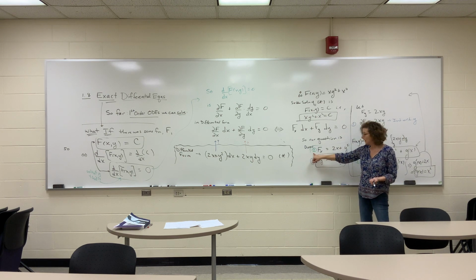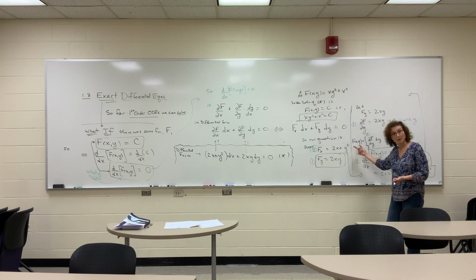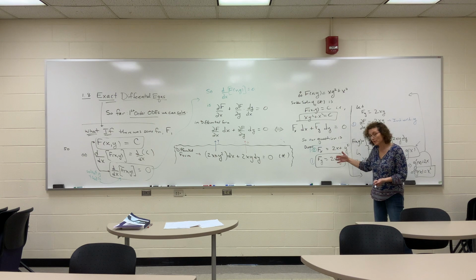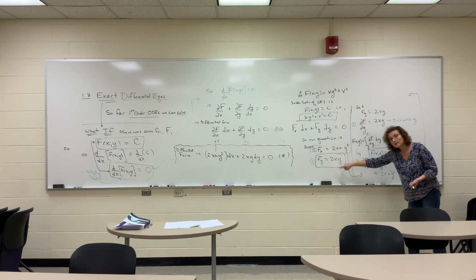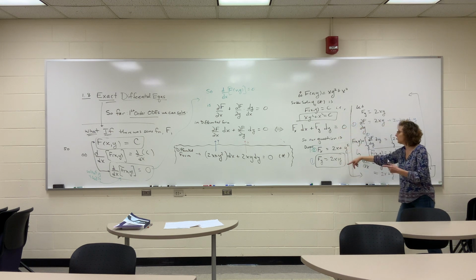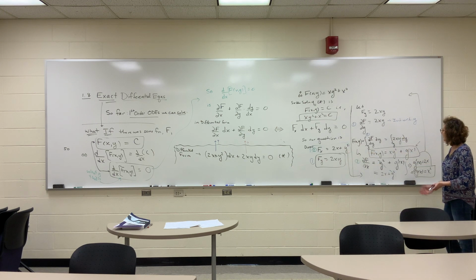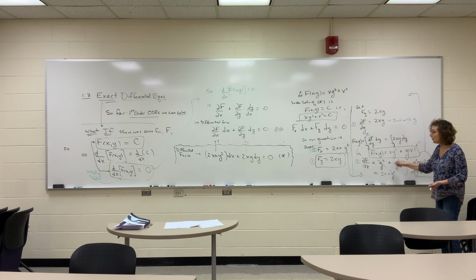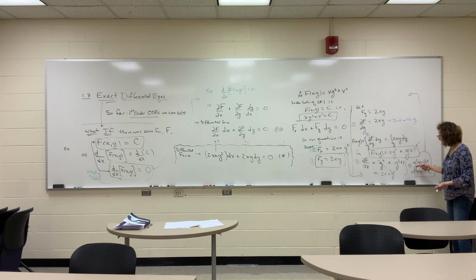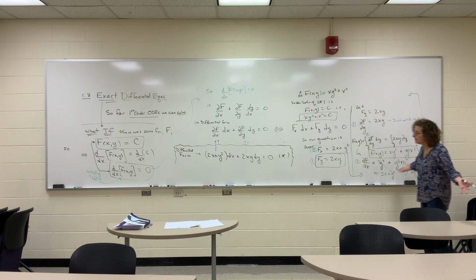You should do that for your own fun, right? Integrate this guy with respect to x first. You'll get an arbitrary function of y to add on. Then take the derivative with respect to y, set that equal to this, and then you should be able to come up with this exact same solution. So it doesn't matter which of these guys you pick. You got to integrate one of them with respect to the appropriate variable, take the derivative of your result with respect to the other variable, solve for the unknown function that comes from integration, and if you don't end up with something nice like this, if there were y's over here, then we would know, oh goodness, this didn't work.